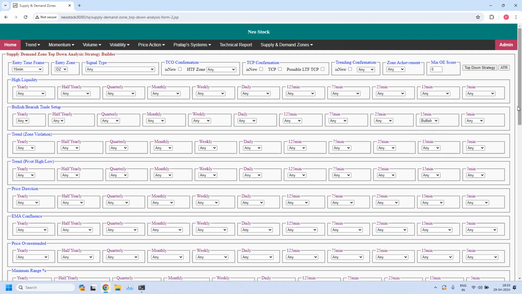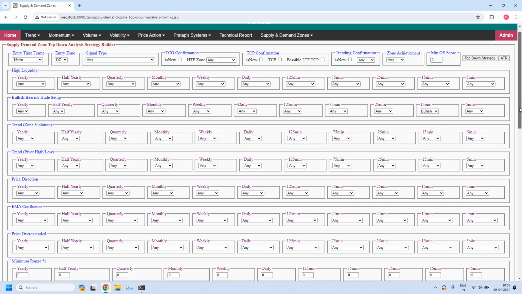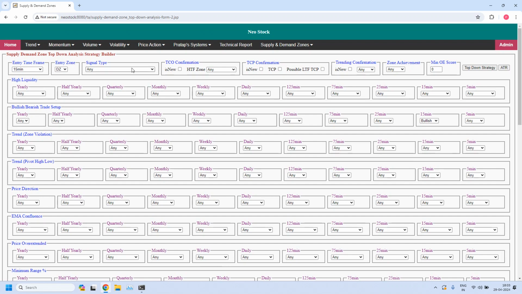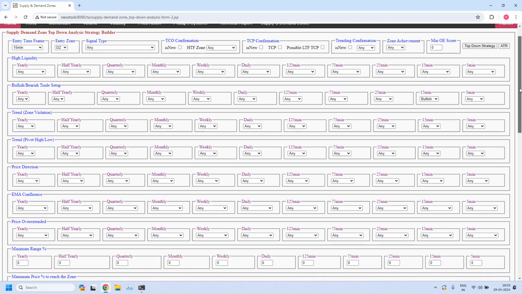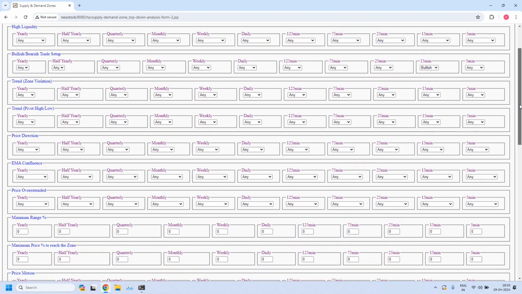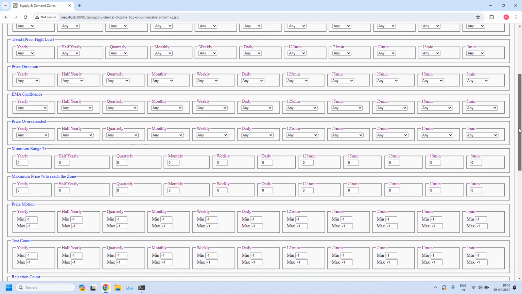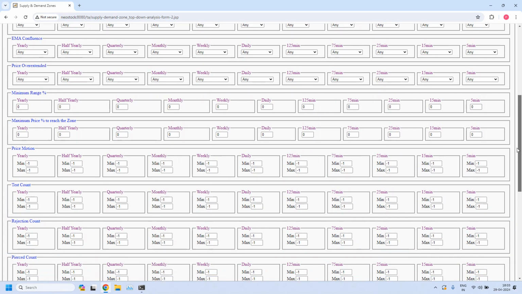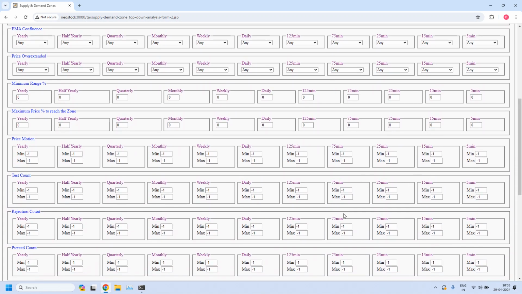And also I'm going to set 3 additional filters. The first filter is I don't want pierced zones for my entry zone. My entry zone is demand zone in 15 minutes time frame. So I don't want pierced zones. For that, there is a parameter called pierced count. Look into the last parameter in this space, pierced count.